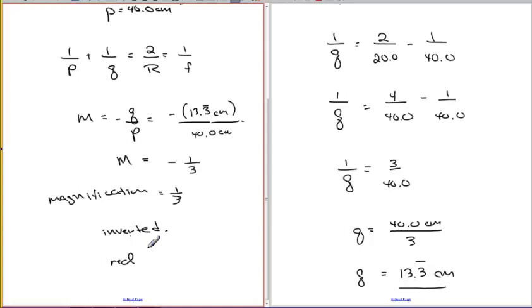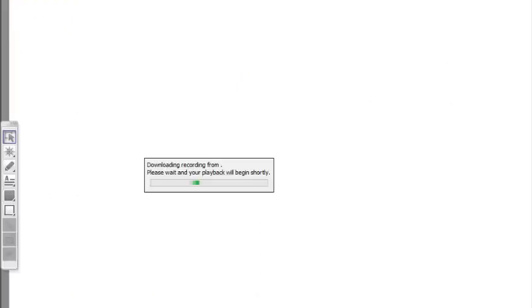Let's see, where's real versus virtual? Well, because the image is located in the front, it's a real image. If it was in the back, then it would be a virtual image. So if Q is negative, then it would be a virtual image. Okay, so that's it.